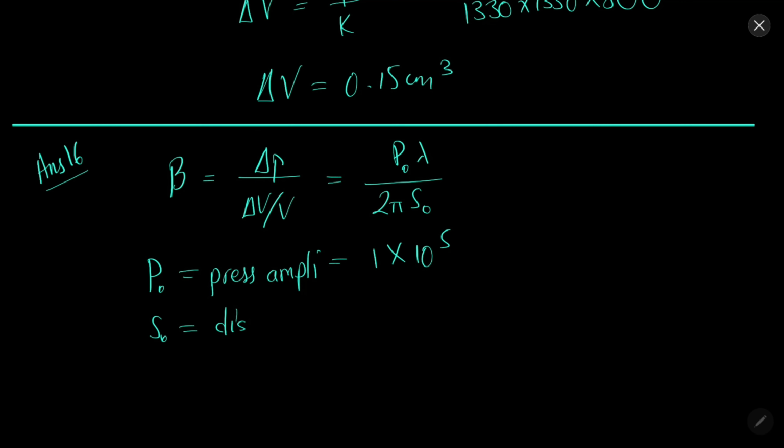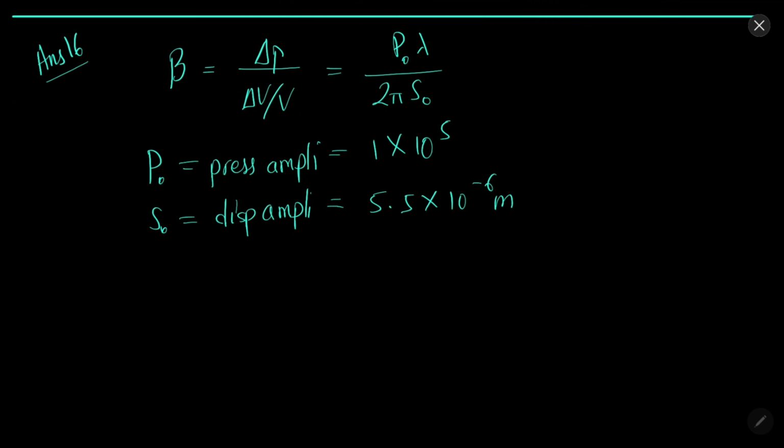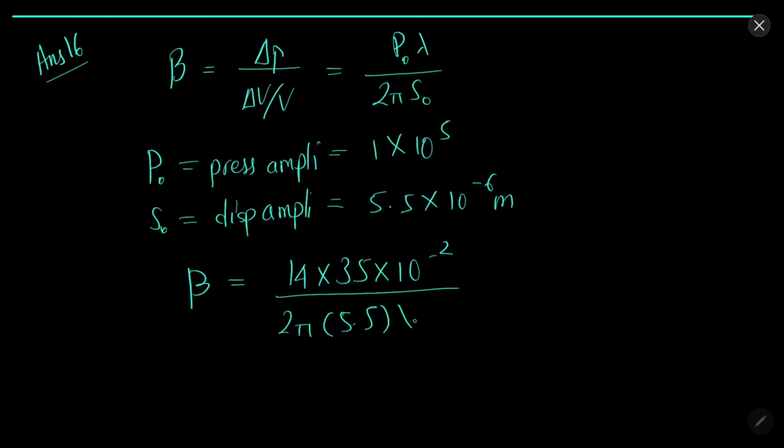S naught is the displacement amplitude. Amplitude only means the maximum value. So it is 5.5 into 10 to the power minus 6 meter. So beta will come out to be 14 into 35 into 10 to the power minus 2 over 2 pi into 5.5 into 10 to the power minus 6. It will be 1.4 into 10 to the power 5 Newton per meter square.